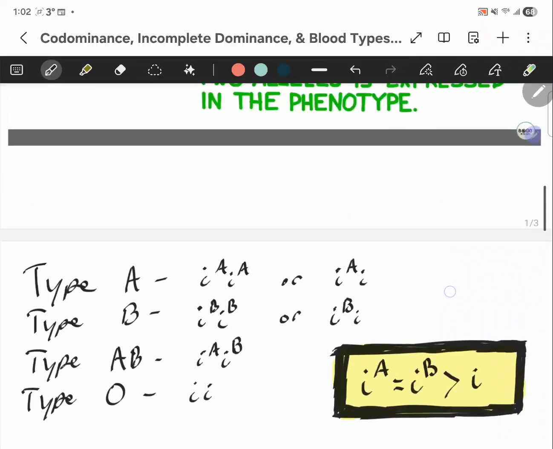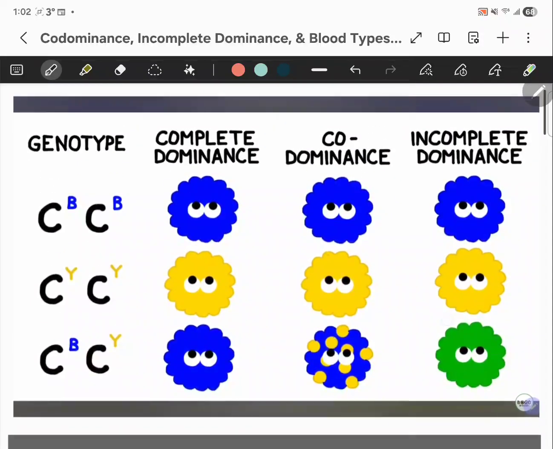I like the example up here where C stands for color. So color is the gene that we're talking about, and then the allele is in the exponent. So the gene is color, and the allele could be blue, or C to the Y, where C stands for color and Y is the color.